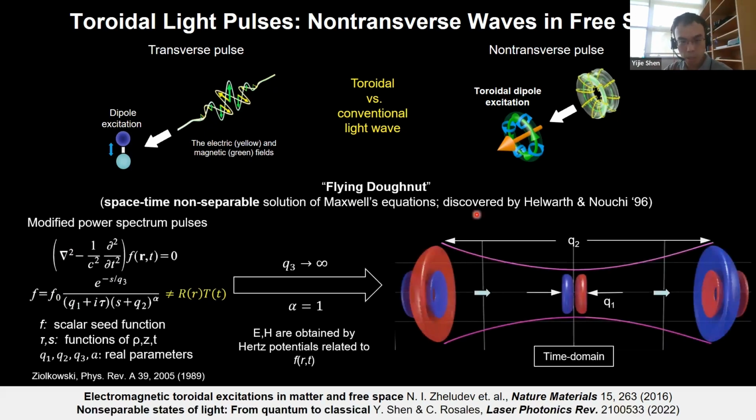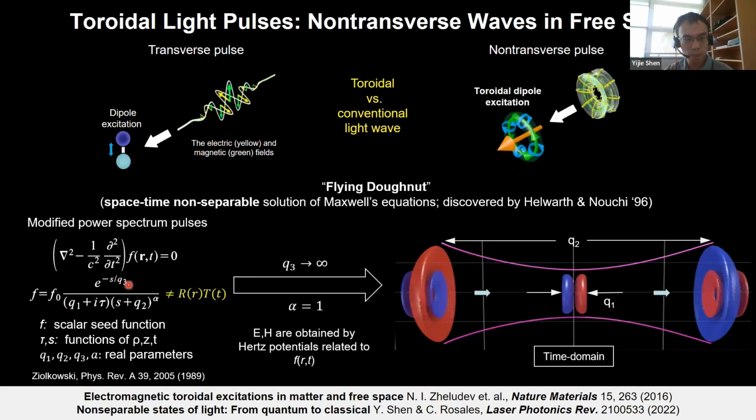Actually, this was theoretically solved many years ago by the method of space-time non-separable solution when solving Maxwell equations. If we use the standard variable-separation solution to the Maxwell equation, the space-time terms are separated, and it will solve the transverse wave.